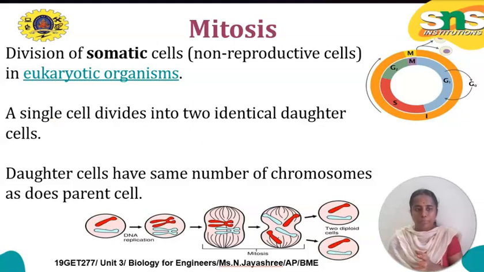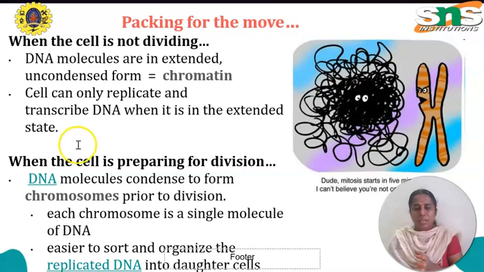So let us see this. When the cell is not dividing, for example, if the cell does not generate any daughter cell and stays in the parent stage itself, the cell will look like threads tangled with each other, not having any particular shape.